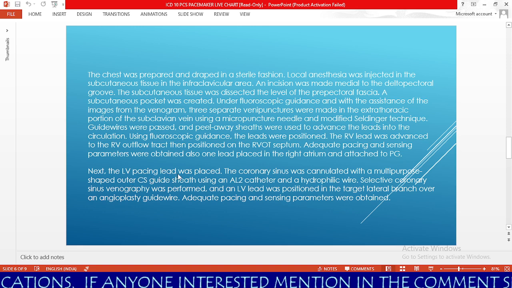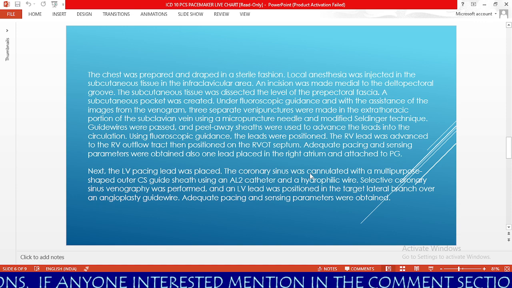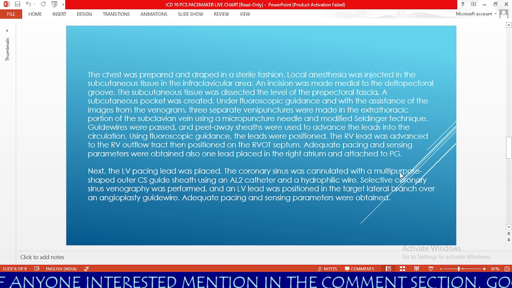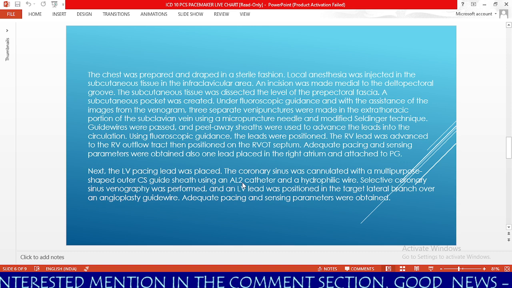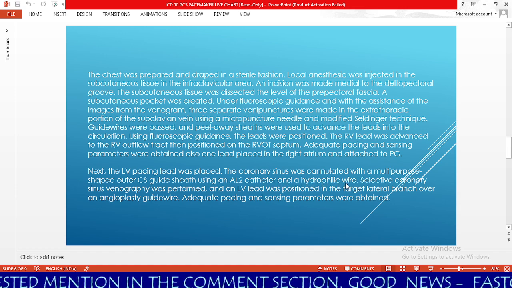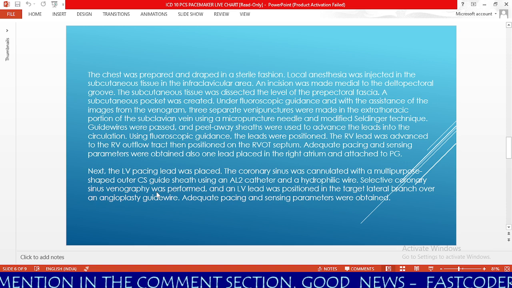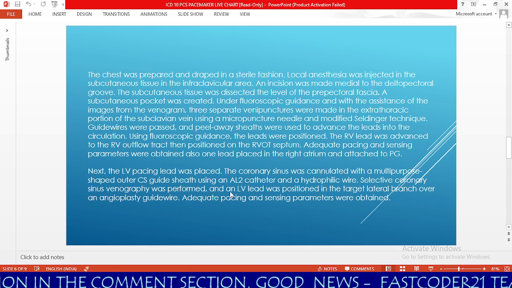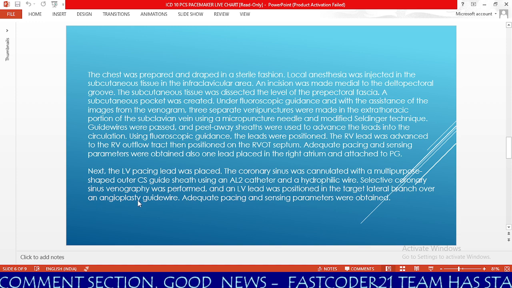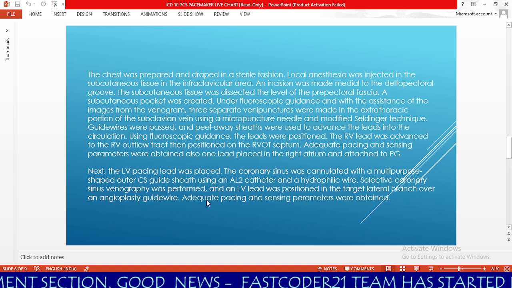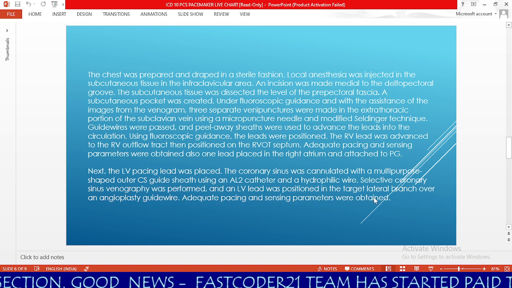Next, the LV pacing lead was placed. The coronary sinus was cannulated with a multi-purpose shaped outer CS guide sheath using an AL2 catheter and a hydrophilic wire. Selective coronary sinus venography was performed and an LV lead was positioned in the target lateral branch over an angioplasty guide wire. Adequate pacing and sensing parameters were obtained.